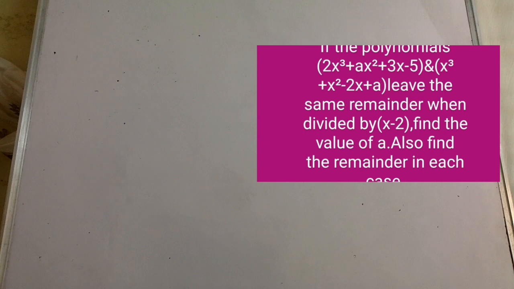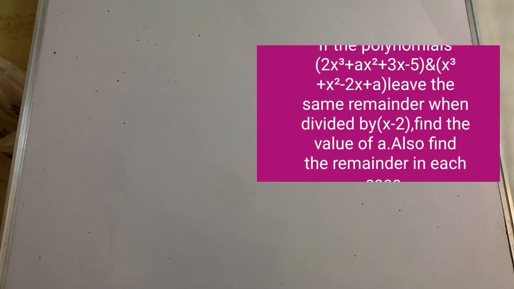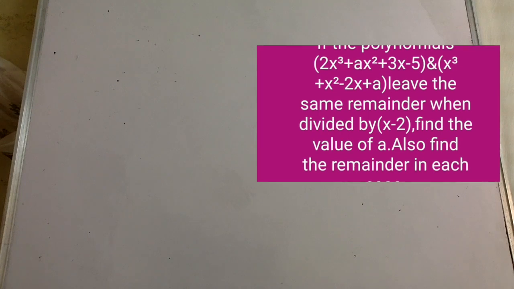Leave the same remainder when divided by x minus 2, then find the value of a. Also find the remainder in each case. Now there's a big problem: you have two polynomials, the divisor is the same, and they are leaving the same remainder.